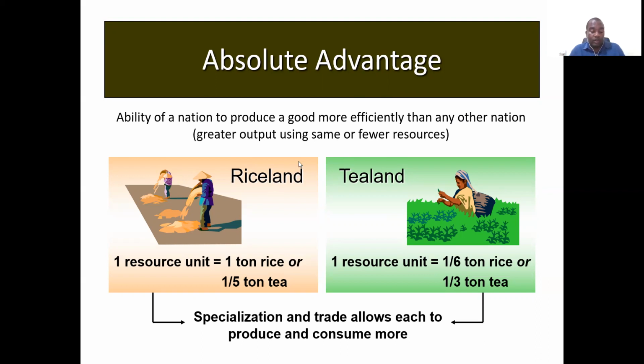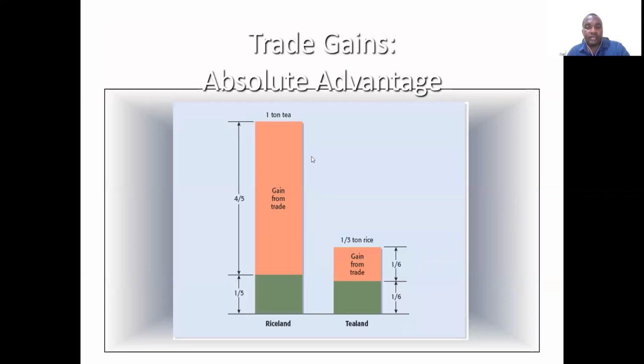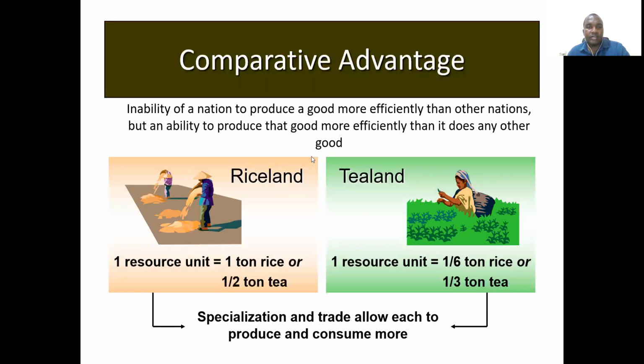It's just quantity-based analysis, as it were. And then when we look at comparative advantage, it has to do with the inability of a nation to produce a good more efficiently than other countries, but an ability to produce that good more efficiently than it does any other good. That's comparative advantage.